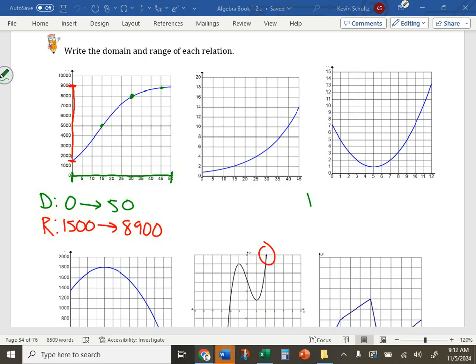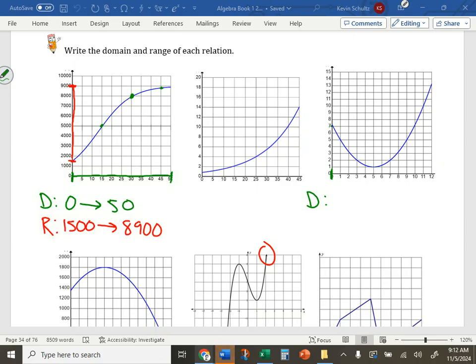So looking at the x-axis here, the x values, what's the lowest x value that this relation includes or uses? James? 0. It does have a 0, right? All the way up here. Okay? And then even though it dips down, is it still moving across horizontally? Yeah.